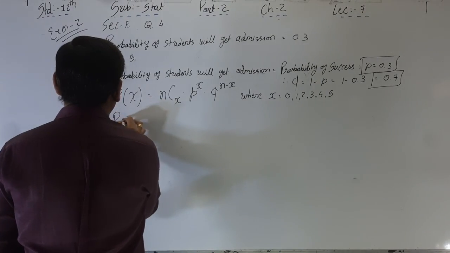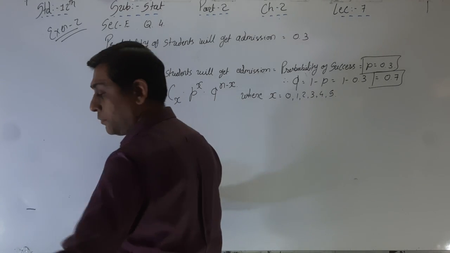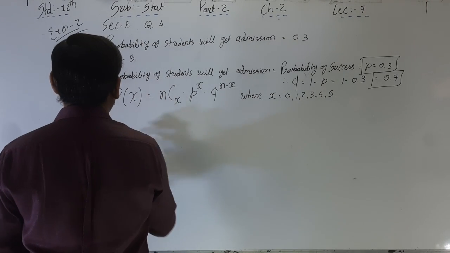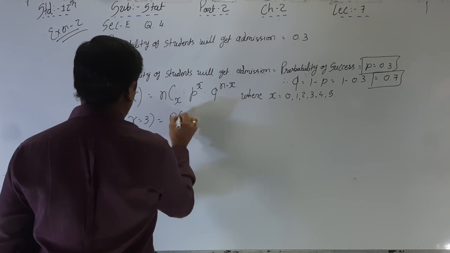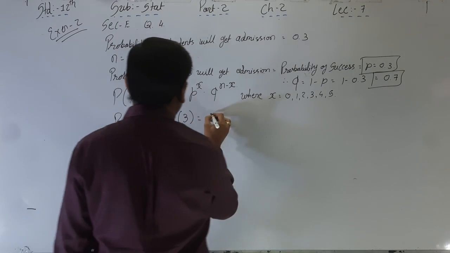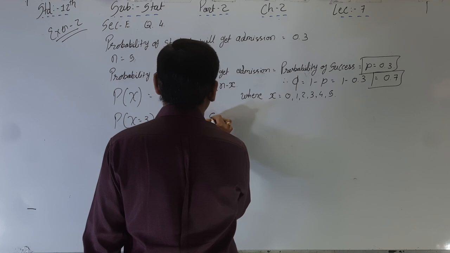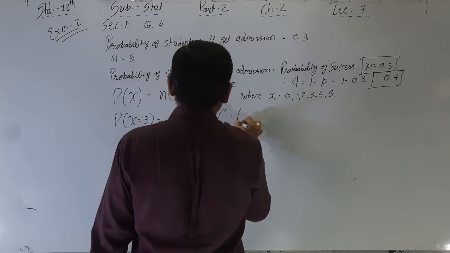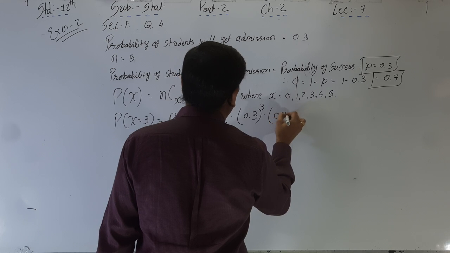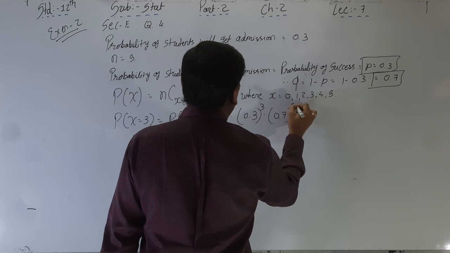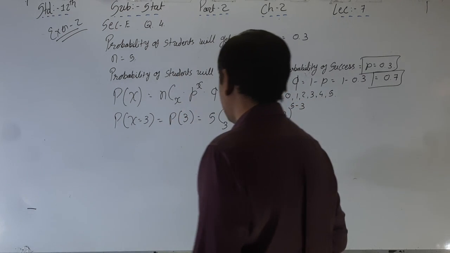So here we have to consider X is equal to 3, with N is equal to 5: 5C3 into 0.3 raised to 3 into 0.7 raised to 5 minus 3.